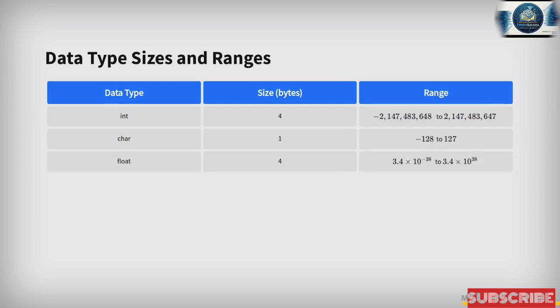The float data type typically uses 4 bytes and covers an approximate range from 3.4 times 10 to the power of -38 up to 3.4 times 10 to the power of 38. The double data type generally uses 8 bytes and can store values from about 1.7 times 10 to the power of -308 up to 1.7 times 10 to the power of 308.